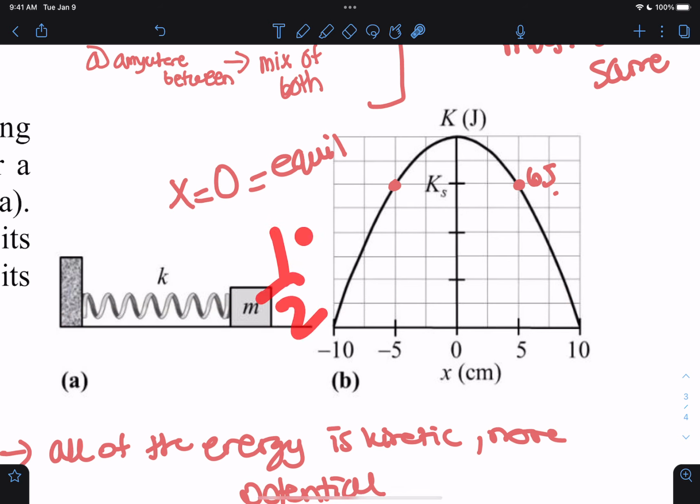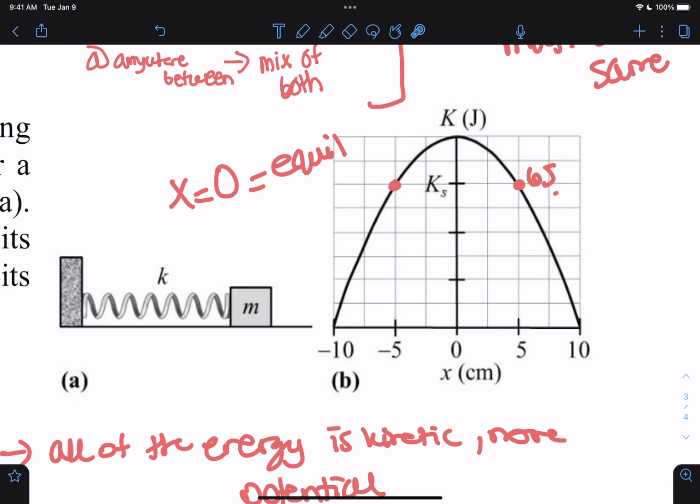So if I look at half kx squared, I see no compression, because I came back to the original position, x equals 0, no compression and no stretching, but I must have the same total energy throughout. And so at that point, instead of being some potential, some kinetic, or all potential, it's going to be all kinetic.